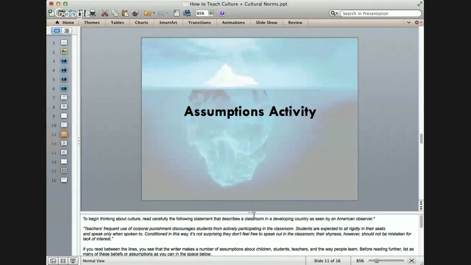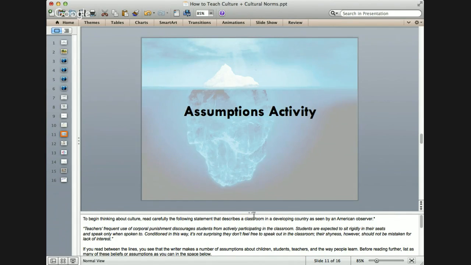I'm going to read you a statement that describes a classroom in a developing country as seen by an American observer. This person writes, "Teachers' frequent use of corporal punishment discourages students from actively participating in the classroom.